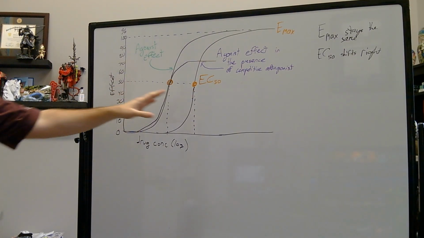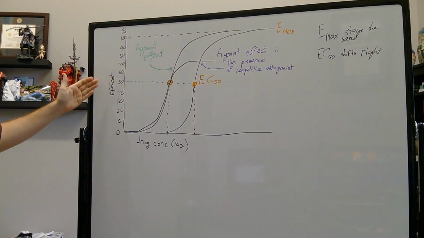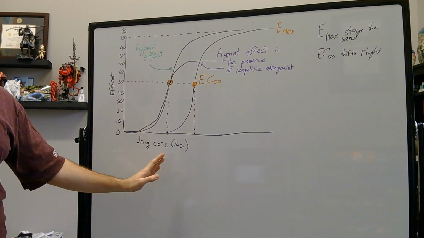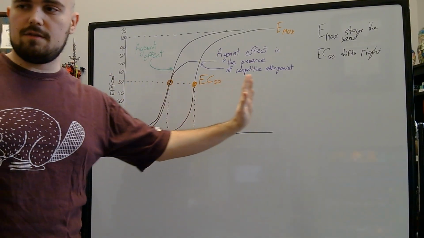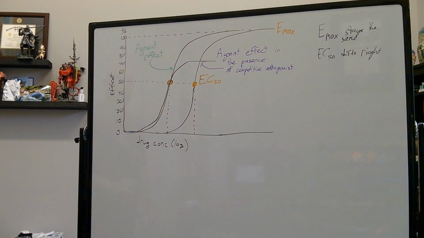That value is at 50% effect, 50% efficacy. How much concentration do you need to achieve that? Competitive antagonists shift this to the right. They'll shift that EC50 to the right.